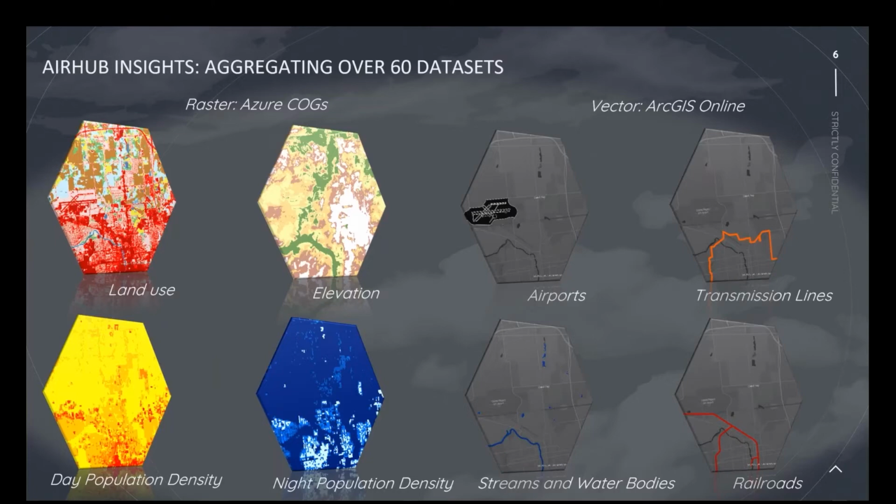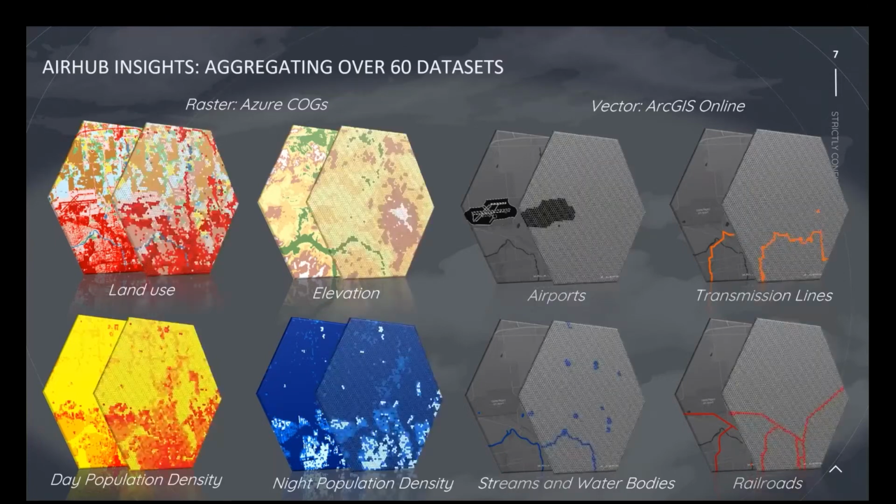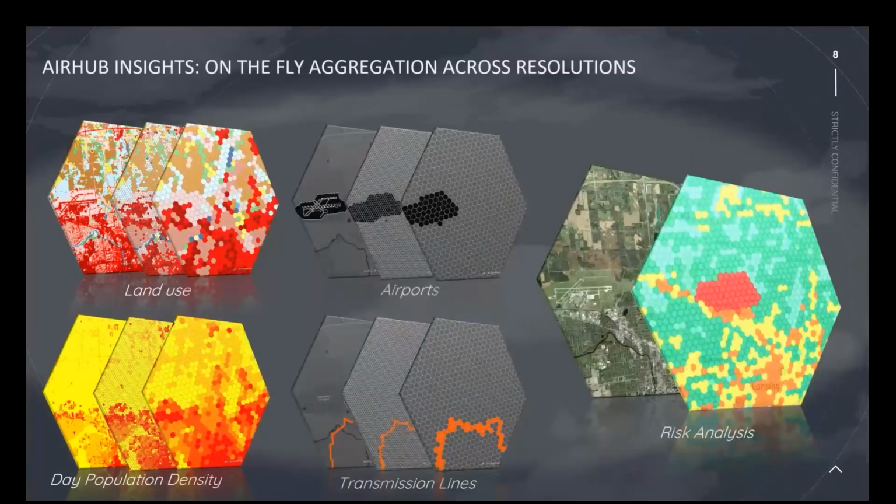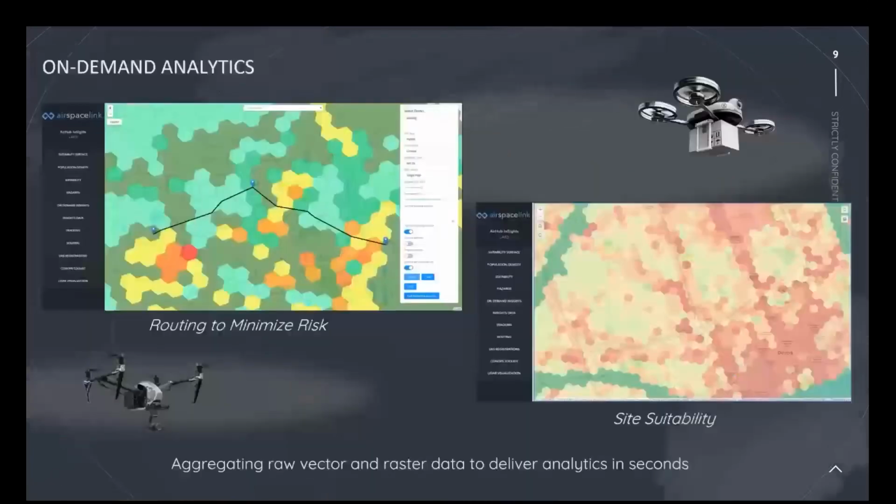One issue with having so much data is how you get it all to talk to each other and be harmonized, so you can use it in analytics. That's where we've turned to H3, which is Uber's hex grid available at multiple resolutions. So we're able to, on the fly, aggregate all of this data and have it in a format that we can do things like risk analysis and routing to minimize risks, or site suitability.